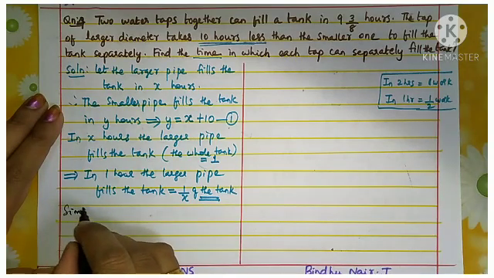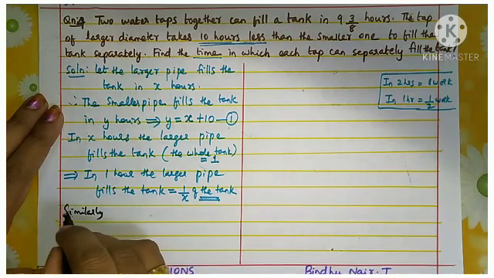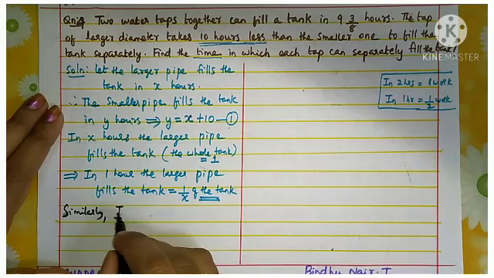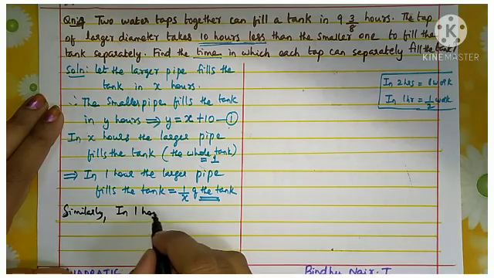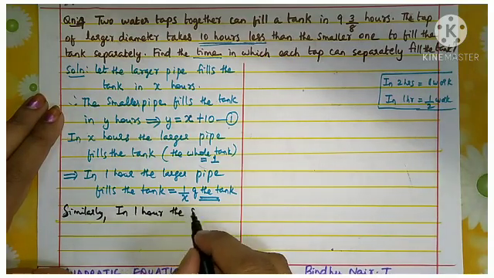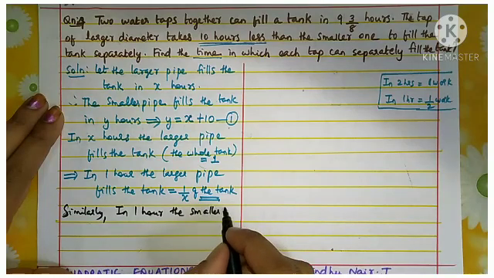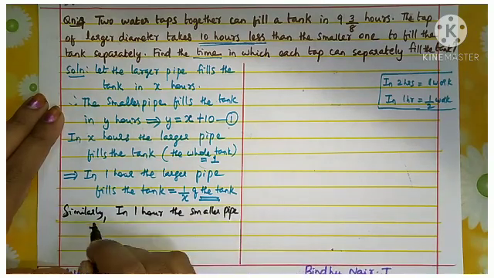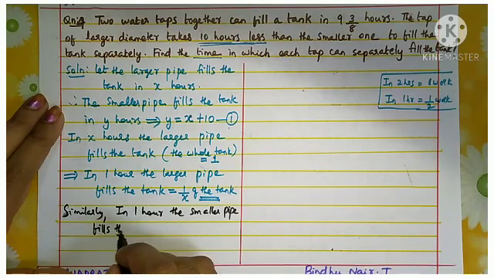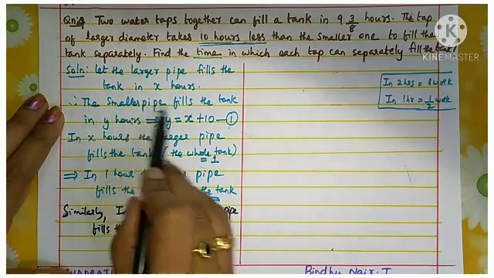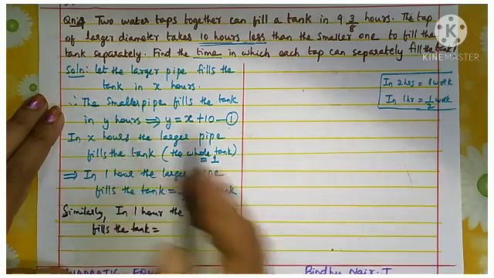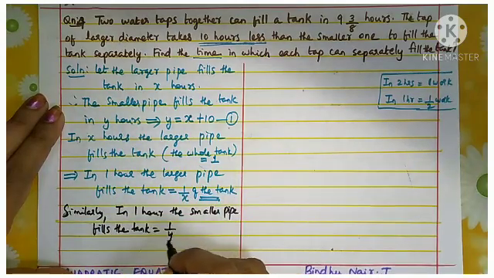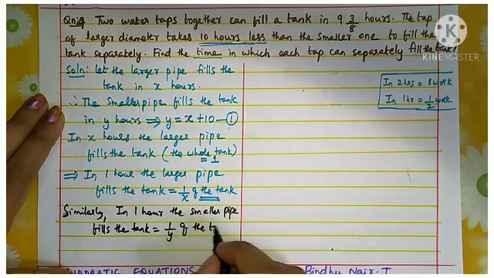Similarly, in 1 hour, the smaller pipe fills the tank equal to, for the smaller pipe, we have assumed how many hours? y hours. So 1 by y of the tank. Understand?